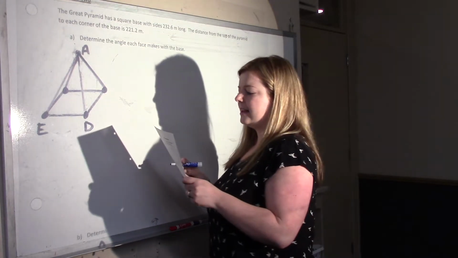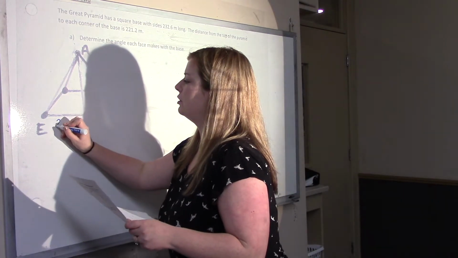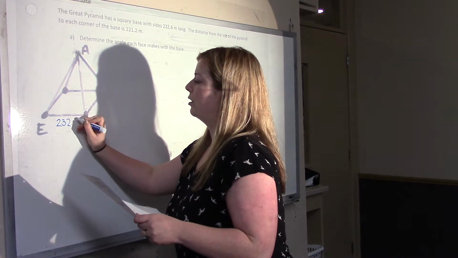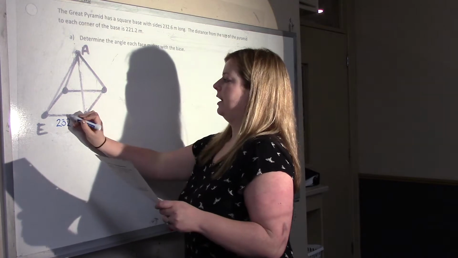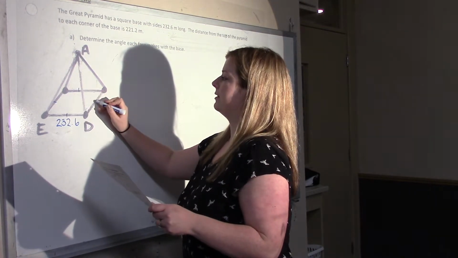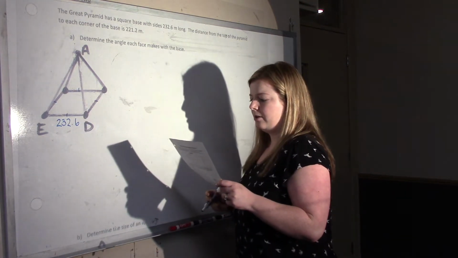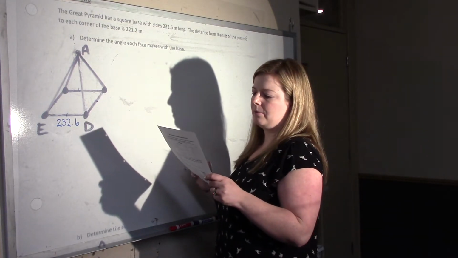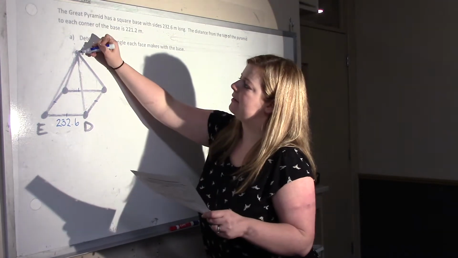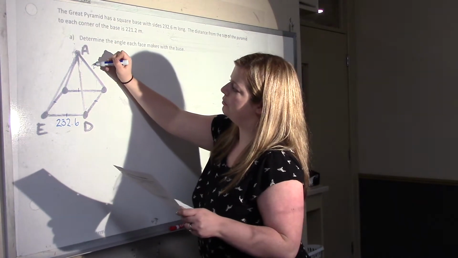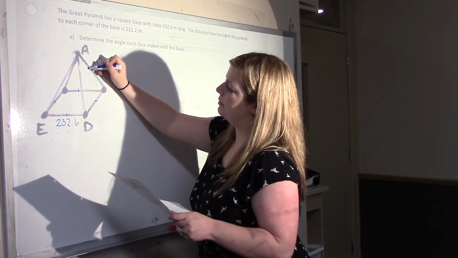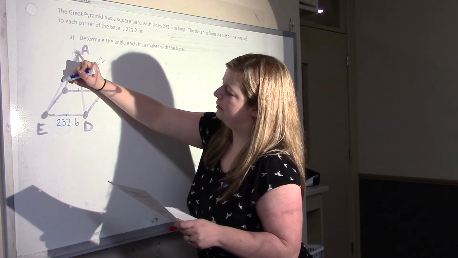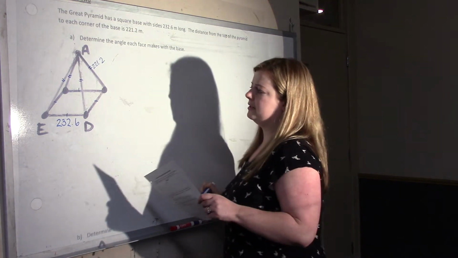So the sides are 232.6, and all of these are the same size. The distance from the top of the pyramid to each corner is 221.2, so that's from here to the corner, and these are all 221.2.